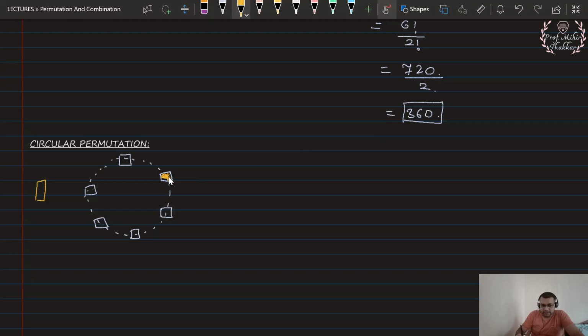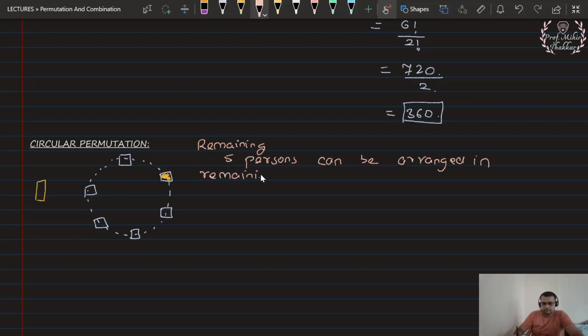So he is fixed in this place, and the remaining 5 persons can be arranged in the remaining 5 places in 5 factorial ways.